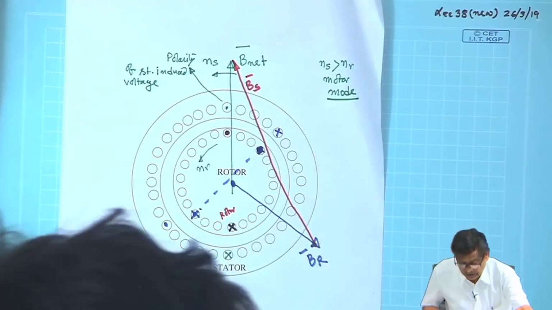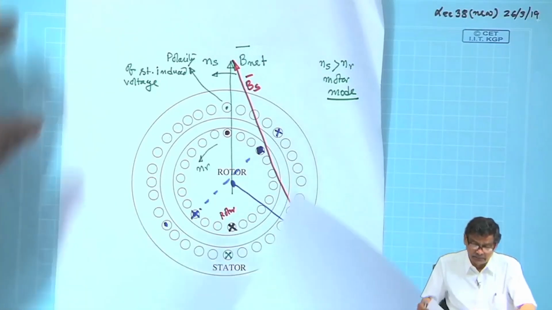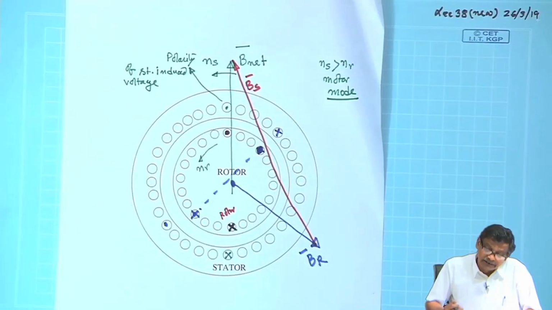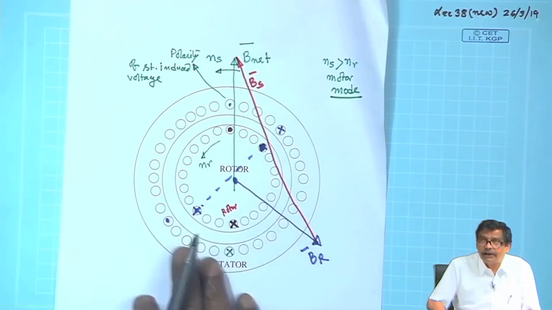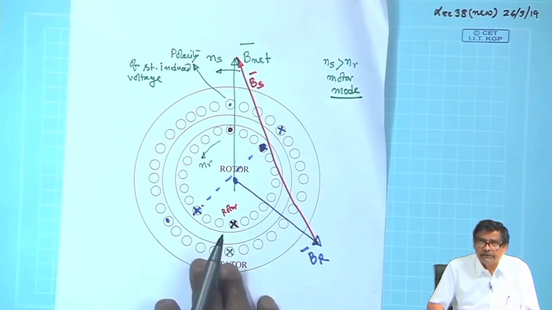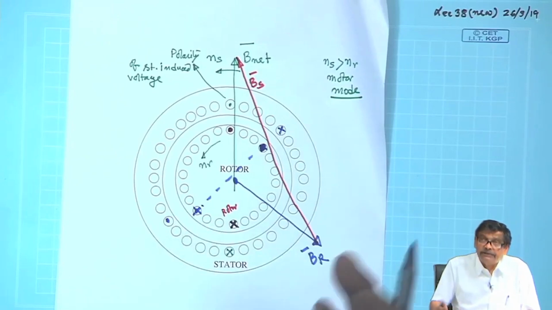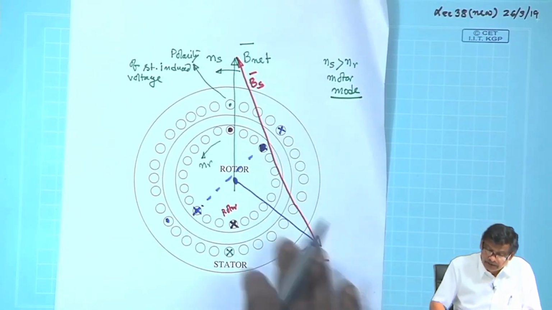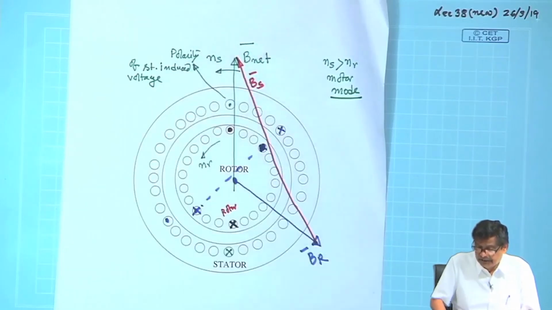In case of an induction machine, although I have not talked about generator mode, what happens? An induction motor will operate as a generator if the rotor speed is greater than n s, slip becomes negative. Mind you, please go through my notes where this has been explained in my supplementary PDF, which I have uploaded. So, I hope there is no confusion here.